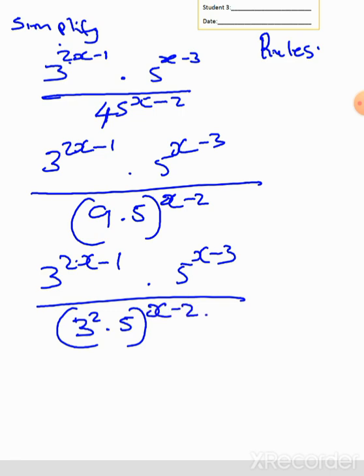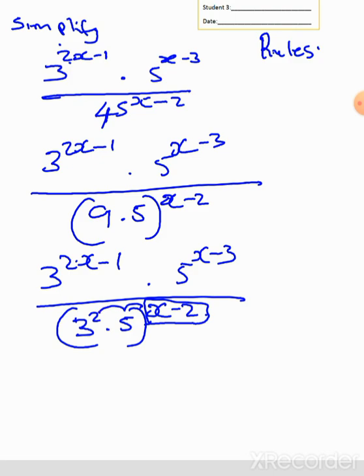Now remember, the first rule that we know for power indices is if you are given, say, ab to the power of 3, this is the same as saying this 3 must move in, so it's a to the power of 3 and b to the power of 3. That's what it means. So we're just going to apply the same rule here, where this power here must just move in.